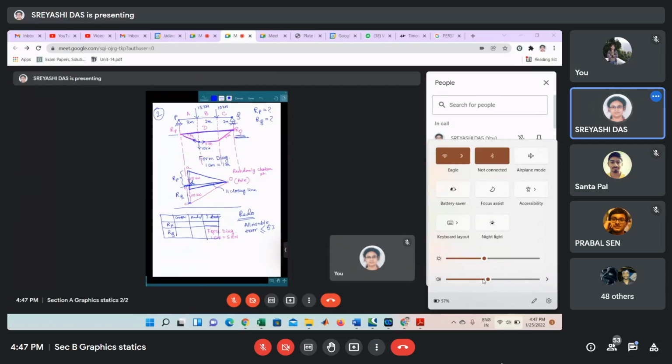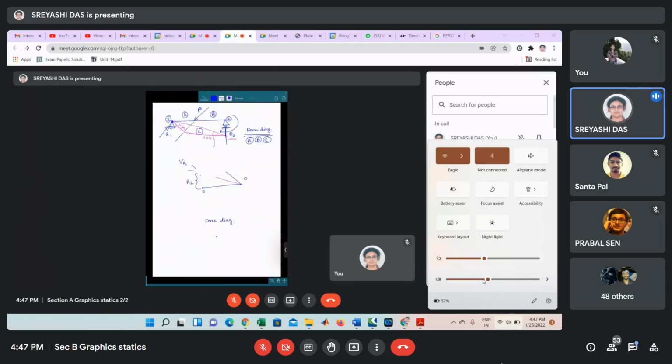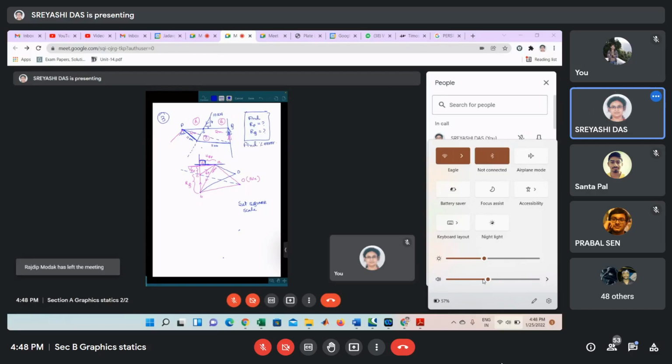And this will be your third problem. So this problem, you will solve it. In a similar way, find RP and RQ, and then find percentage error. Okay.